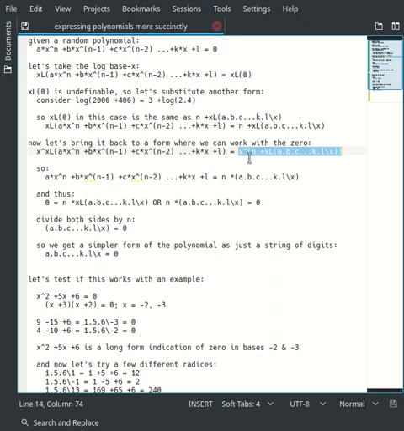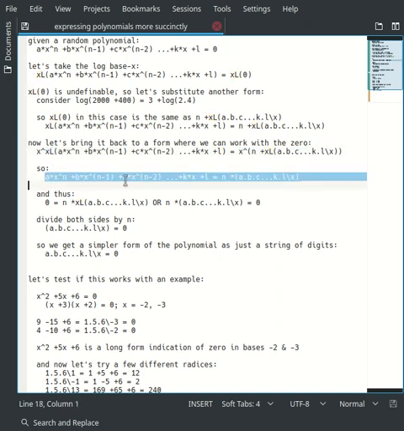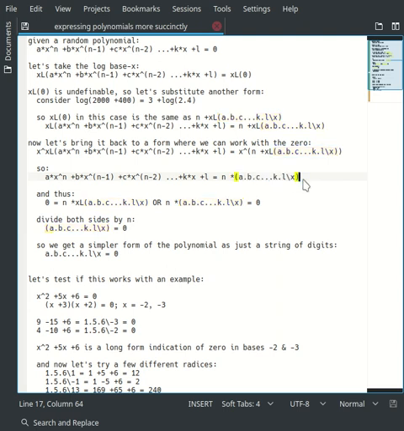So now the logarithms cancel each other out, so we just get our polynomial back again, and that is now the same as n times just the string of the coefficients indicating a number with respect to the radix base, or the radix x.